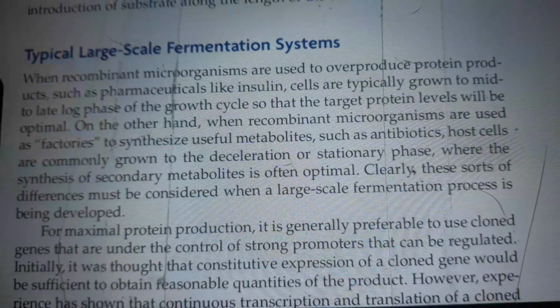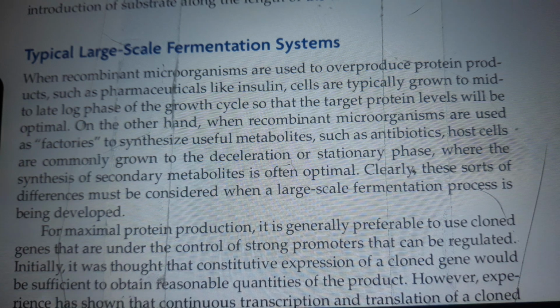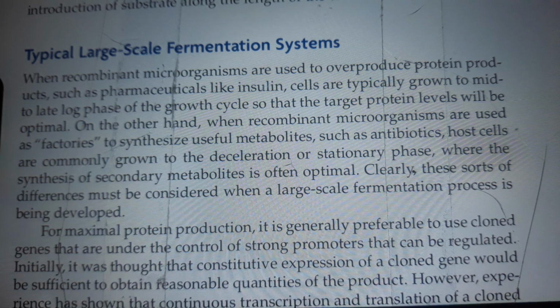Typical large-scale fermentation systems. When recombinant microorganisms are used to overproduce products such as pharmaceuticals like insulin, cells are typically grown to mid to late log phase of the growth cycle so that the target protein levels are optimal.